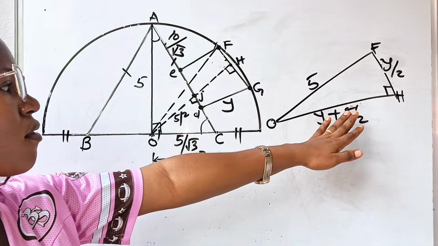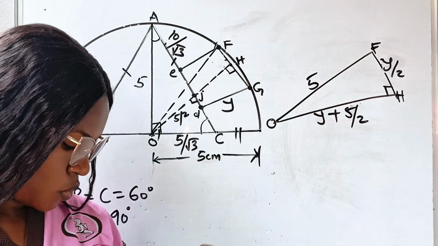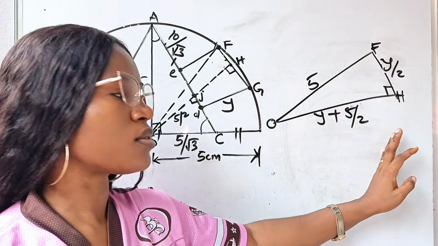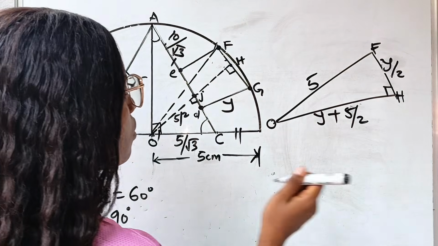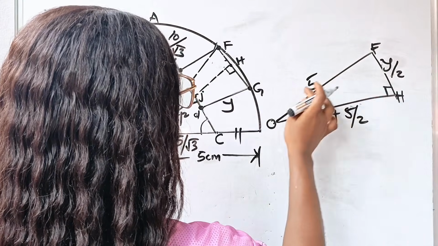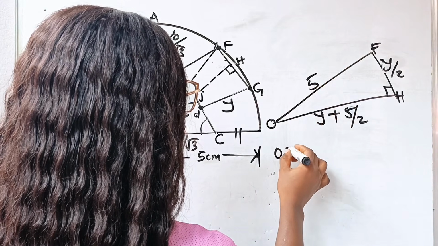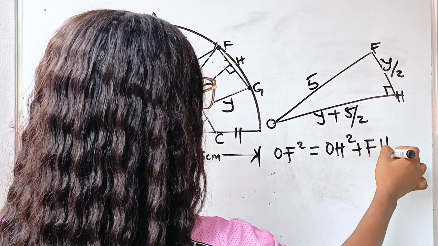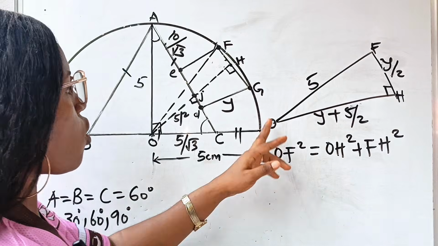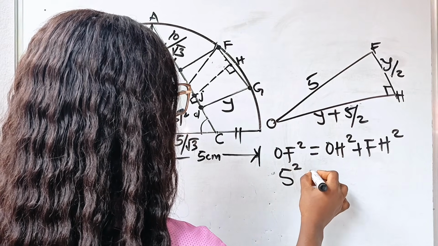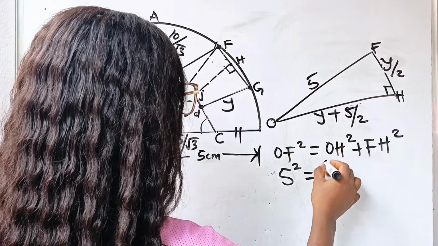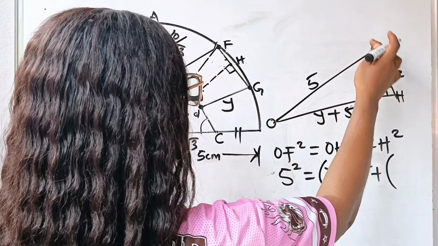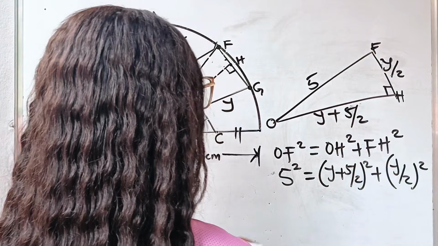Now we have a right angle triangle, which means that we can find anything we are looking for here using the Pythagorean theorem. So using the Pythagorean theorem, the hypotenuse squared, which is OF squared, will be equal to OH squared plus FH squared. So OF is 5, so 5 squared is equal to OH, which is y plus 5 over 2, squared, plus FH, which is y over 2, squared.